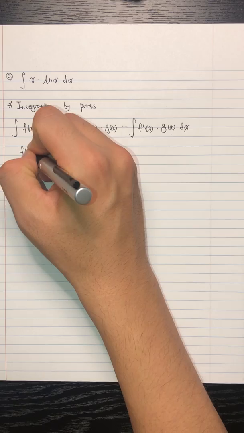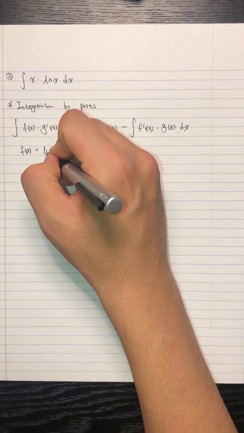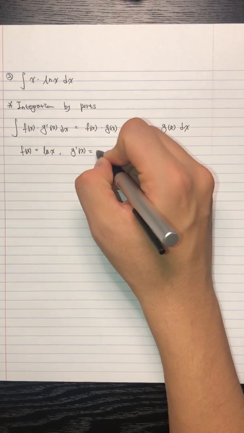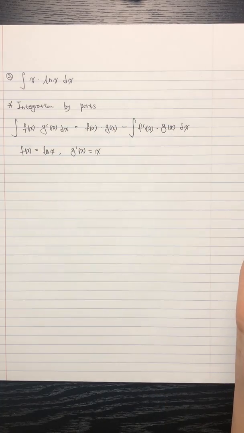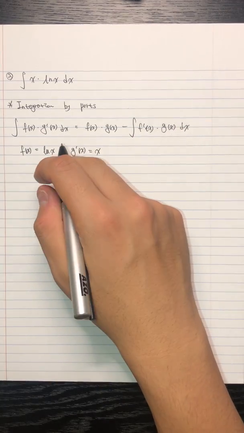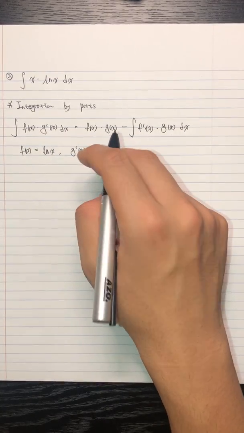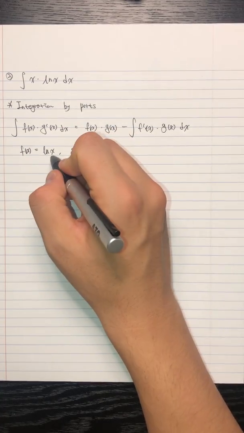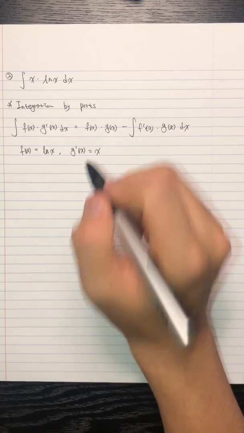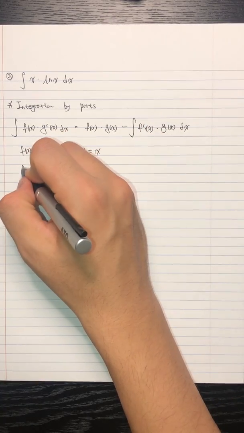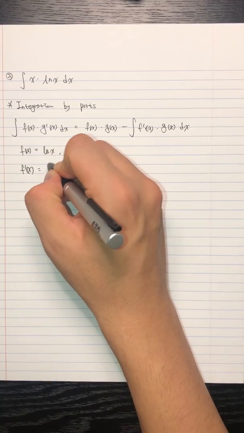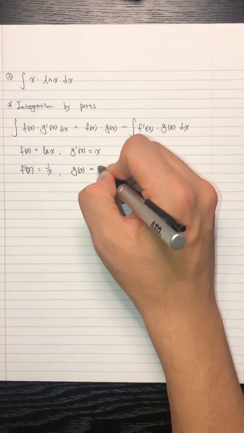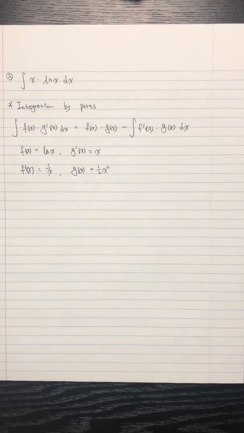Let f(x) equal ln x and g prime(x) equal x. This one is easier to differentiate, and this one is easier to integrate. So f prime(x) equals 1 over x, and g(x) is 1 over 2 x squared.